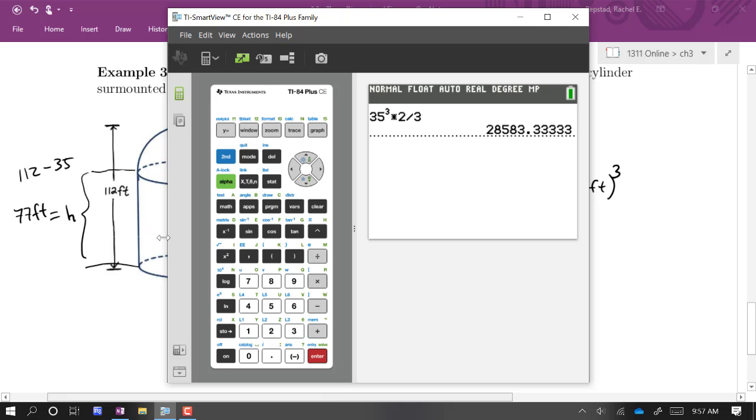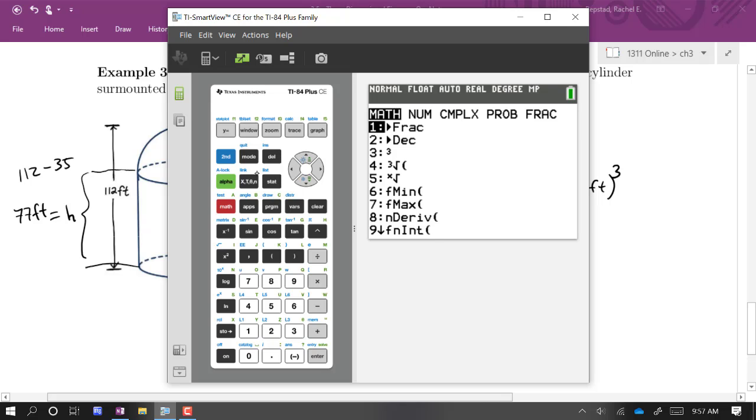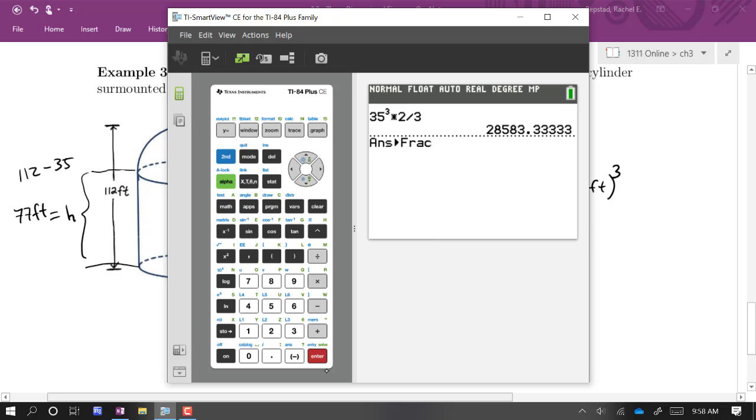I could approximate like that. I could also just write it as a fraction if I want to get an exact value. If you know that something can be expressed as a fraction, you can get your calculator to convert a decimal to a fraction. You hit the math button. The very first option is an arrow frac, so that means convert this to a fraction. And then hit enter. And there it is as a fraction.